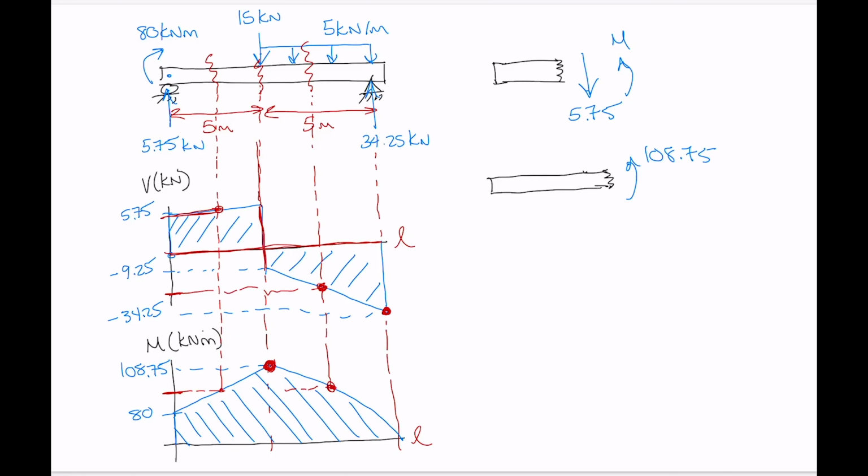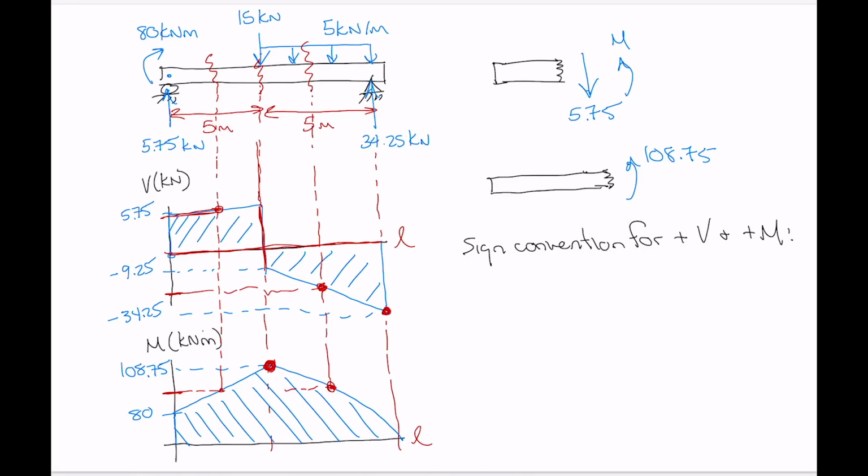We've only got positive internal moments here, but you can have a moment diagram where you have negative internal moments or positive and negative internal moments. So we need to have a sign convention to tell us what is a positive internal shear force and what is a positive internal moment. Okay, so this is the sign convention for positive V and positive M.